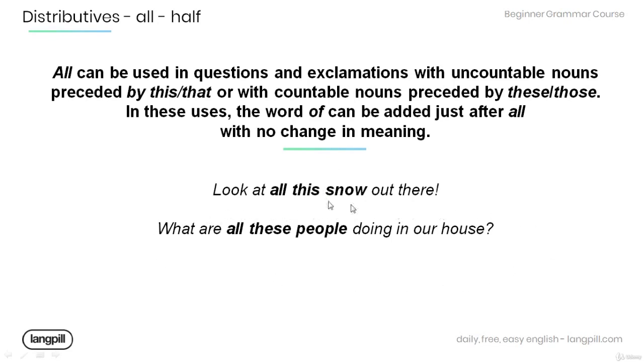Let's have a look at the second sentence. What are all these people doing in our house? This is a question, and the distributive all is preceded by the demonstrative these, which modifies the countable noun people.